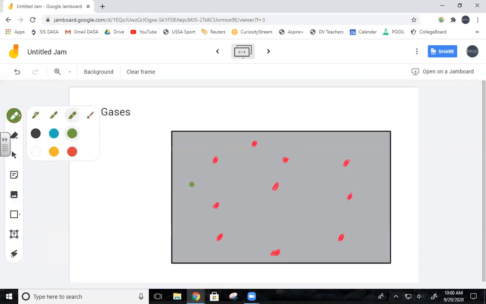There are very few bonds, and it's more like a dotted line where they interact. They do interact, but they're not bonding together. And most importantly, they are moving around a lot more.